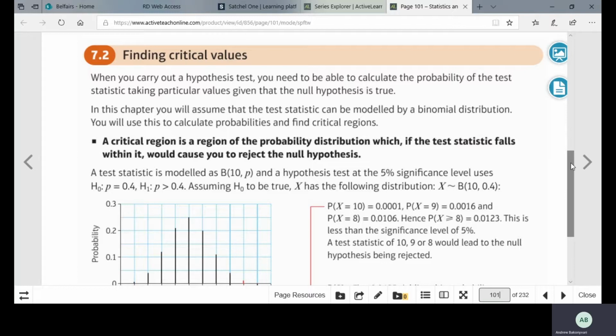So in other words, let's say we had the example 2 yesterday about that election candidate that has support of 40% of the residents. They asked 20 people. Now the critical value would be, what would the number of people be so that we thought that the 40% was unrealistic?